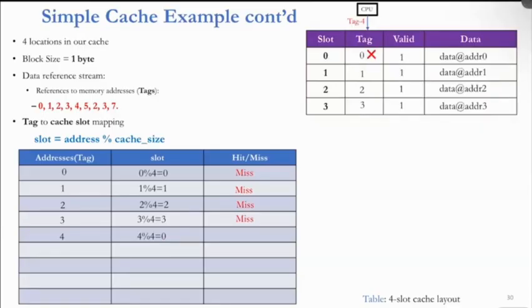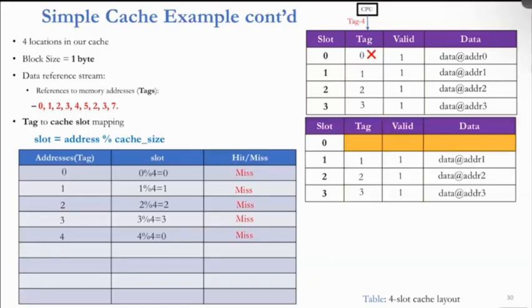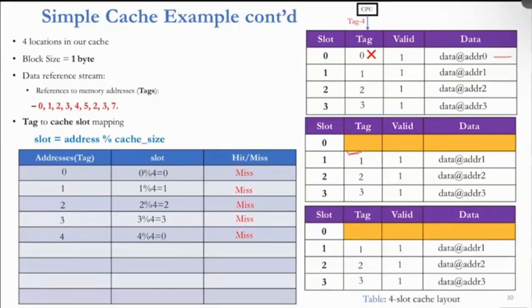Here the yellow field is evicted. Then the data from block 4 is fetched from memory and a copy is loaded into the slot 0 cache line, and then the valid bit is set and the tag address is updated.